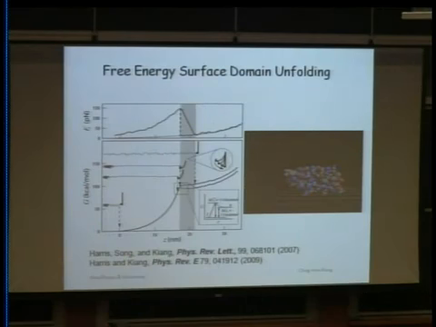A very approximate way is that force times distance is the work put in to pull this molecule from here to here. If we integrate the whole thing, the area is the free energy required to go from this state to that state.